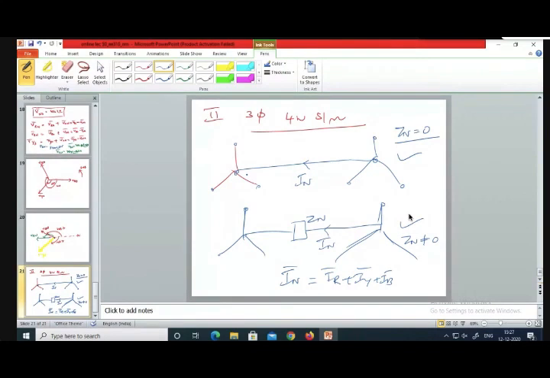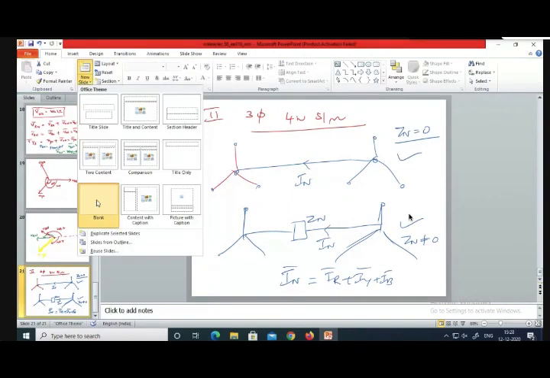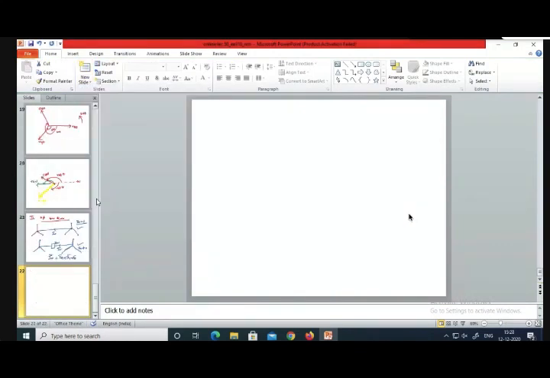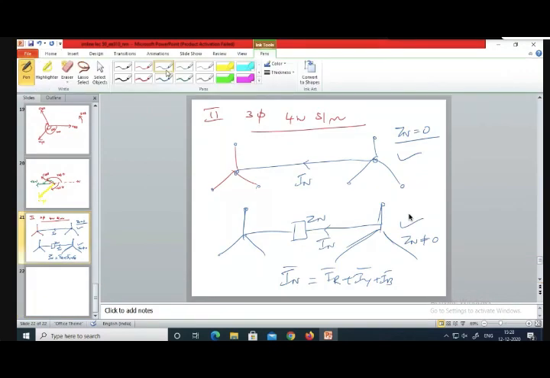So here, what is that you have to do? You have to find out again the neutral shift voltage. For this kind of analysis, this is the first case where Zn is 0. You can directly do the analysis.